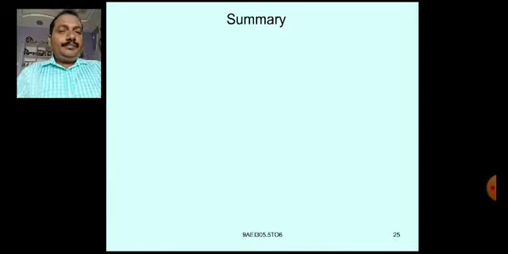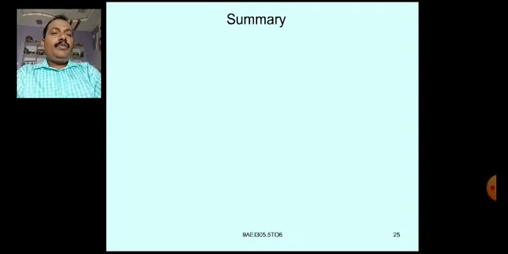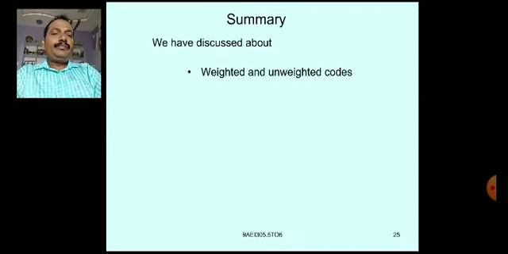So now, what have we discussed in this? We have discussed weighted and unweighted codes. What are the weighted codes? 8421 code is there, 2421 code is there, 5411 code is there.